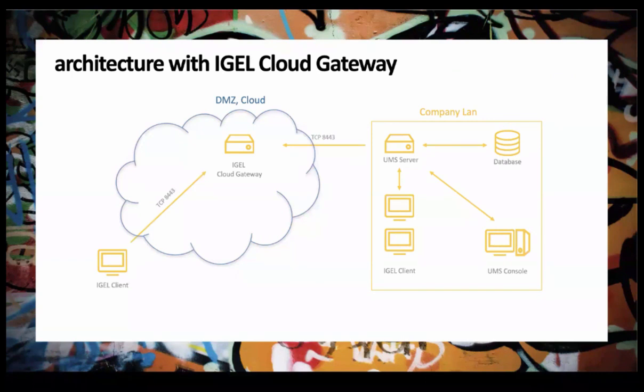On the left side, you see the cloud, whether it's your DMZ or your cloud, doesn't matter. Therein, you install the IGEL Cloud Gateway, and with TCP 8443, which is the one and only port we need, you can communicate, administer and handle the IGEL clients outside of your company LAN.